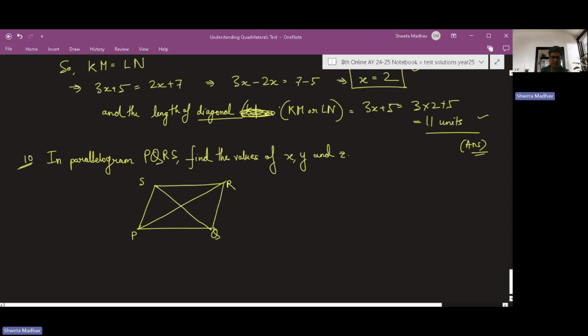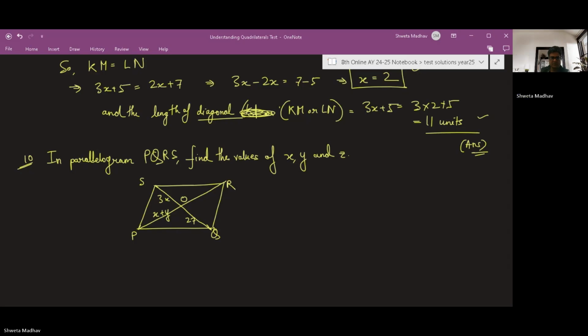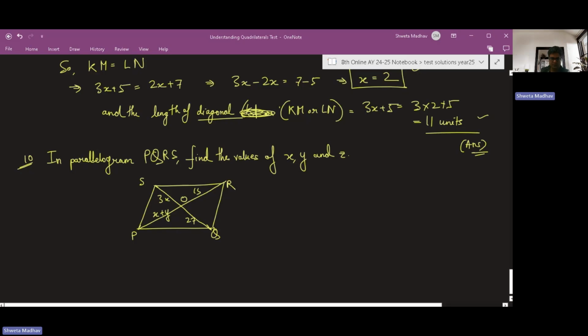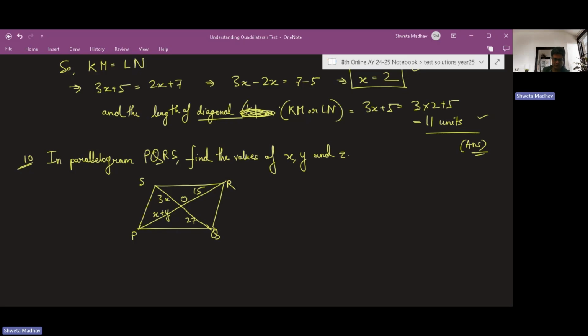The two diagonals QS and PR intersect at O, and the length OS is 3x and the length OQ is 27. The length OP is x plus y, and the length OR is 15. Then we need to find x, y, and z. SR is z, and PQ is 14 centimeters.